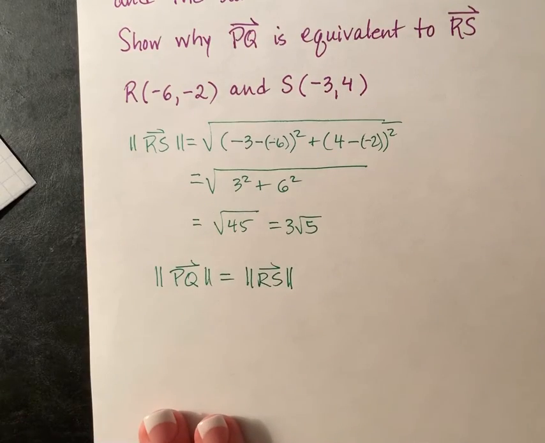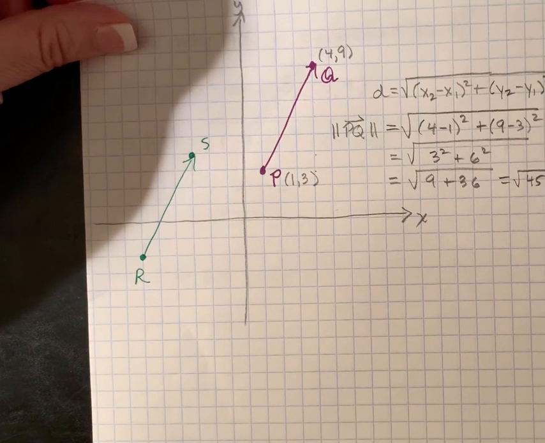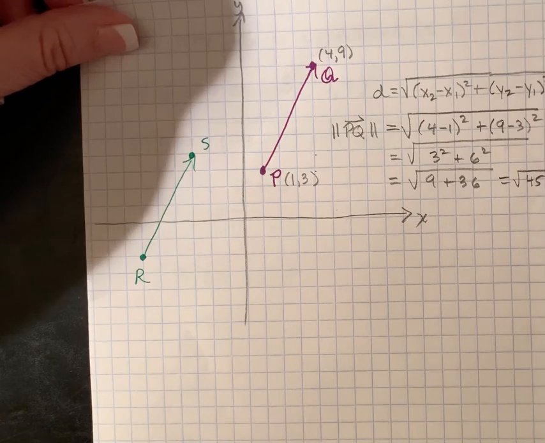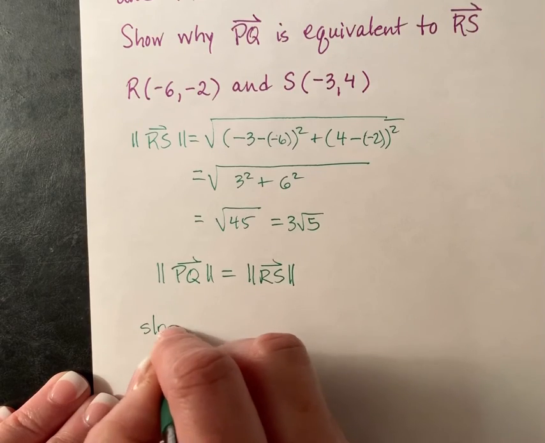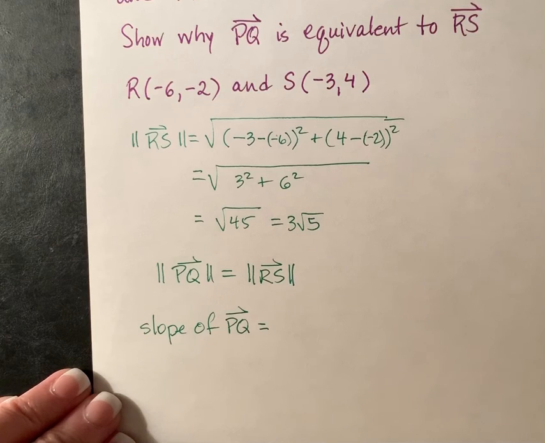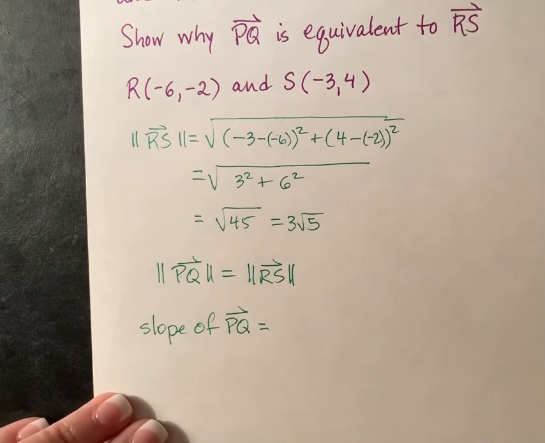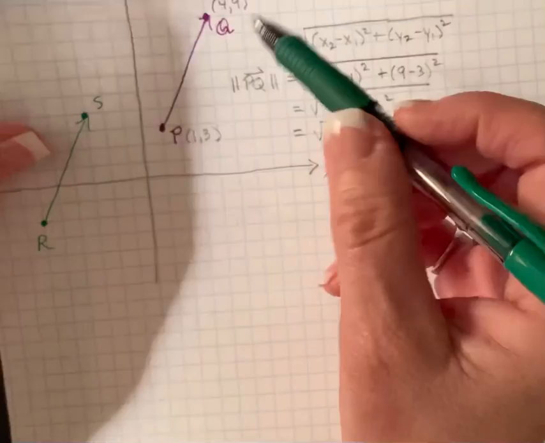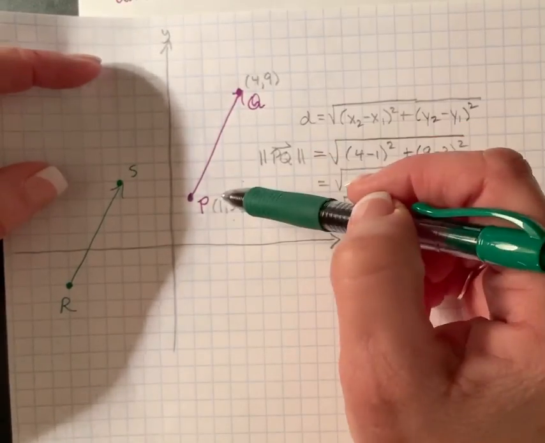How can you show that the two vectors have the same direction? One way would be to look at their slopes. If you find the slope of PQ, in general, the way you do slope, the formula is m equals y2 minus y1 divided by x2 minus x1. So for PQ, it would be 9 minus 3 divided by 4 minus 1.